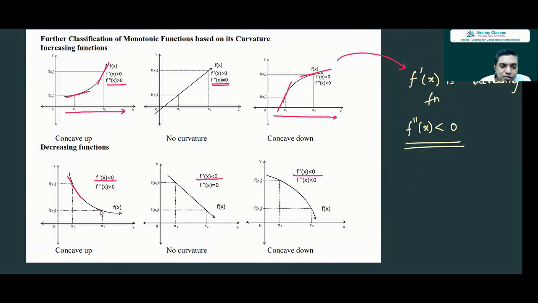It has a negative slope at every point. So tangents have a negative slope, and this is a decreasing function. As we move from left to right on the x-axis, the function is decreasing. So first derivative will be negative.